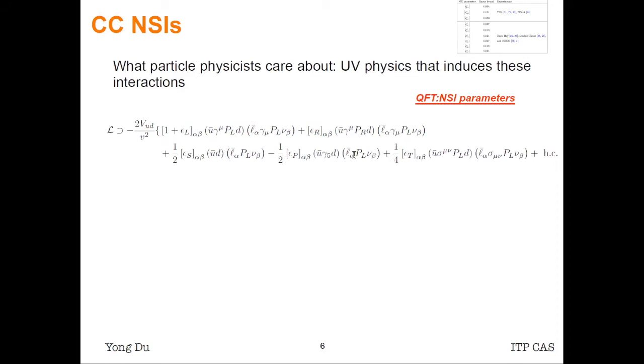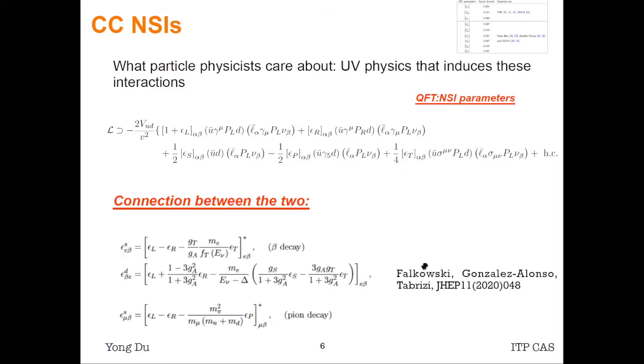A consistent matching between these two formalisms was not obtained until recently in this paper by Falkowski et al. I will not discuss the technical, very lengthy calculations to obtain the matching, but if you are interested, I can tell you the details of the calculation.